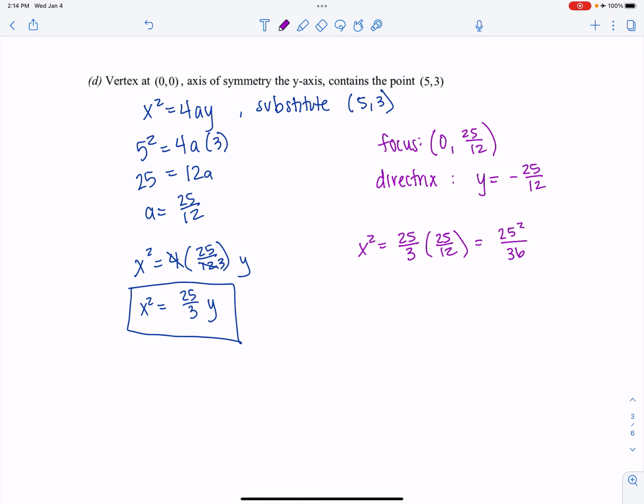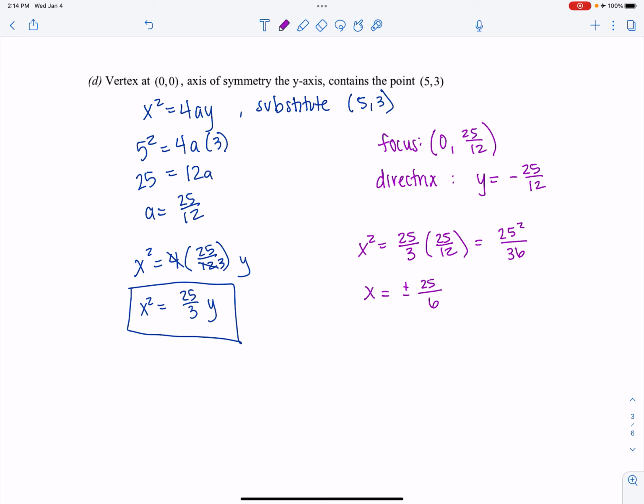I'm going to leave it squared right now. I'm not going to multiply that out, only because I know I have to take the square root. So if I take the square root to find out what x is, that will give me plus or minus 25, right? The square root of 25 squared is just 25. Square root of 36 is 6. So when y is 25 over 12, that means x is positive and negative 25 over 6.